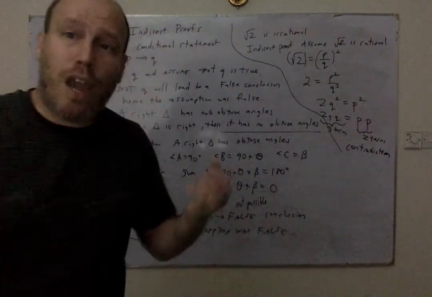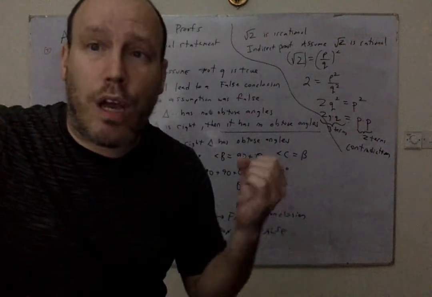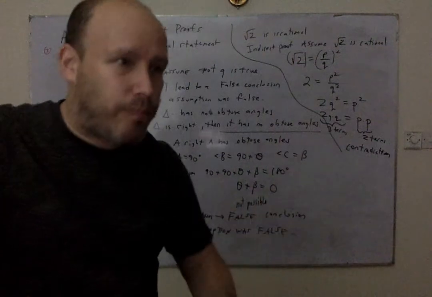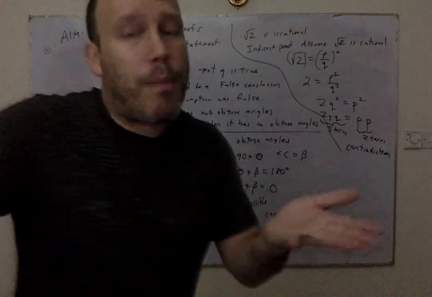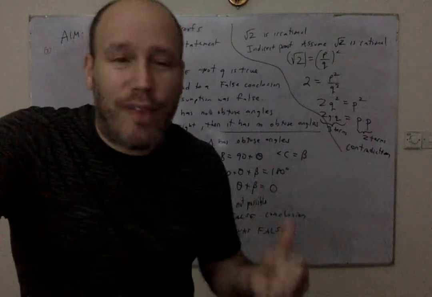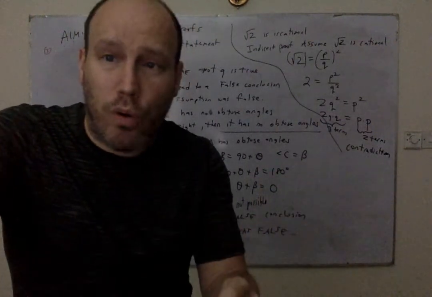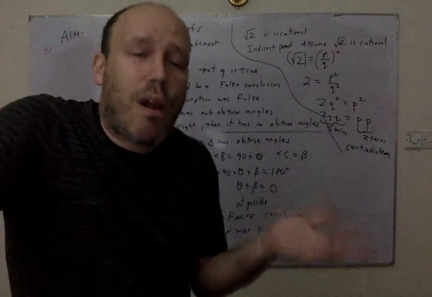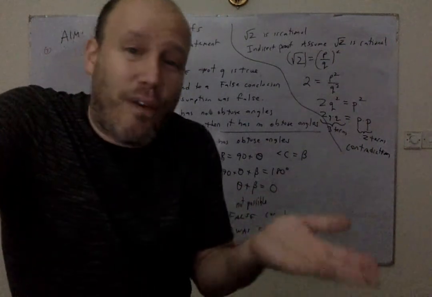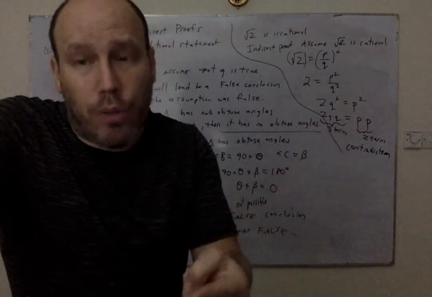So with any indirect proof, assume the conclusion is false and work through that. An example in the book might be prove that a number ending in 5 is not divisible by 2. The first line of the indirect proof would be assume that there's a number that ends in a 5 that is divisible by 2.